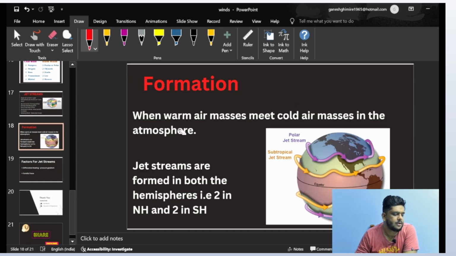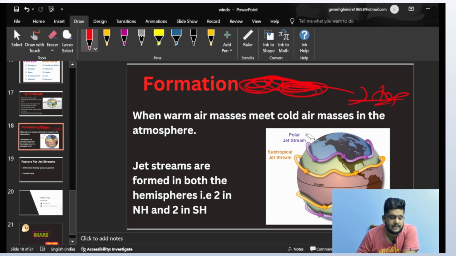Next is the formation. How is a jet stream formed? When warm air masses meet cold air masses in the atmosphere, and that's happening in the top atmosphere. Next, jet streams are formed in both hemispheres.